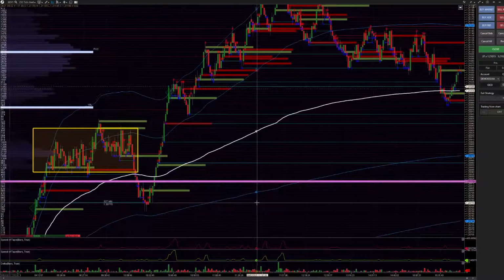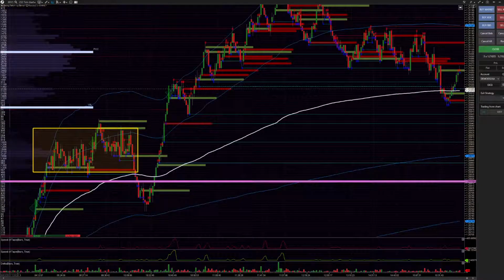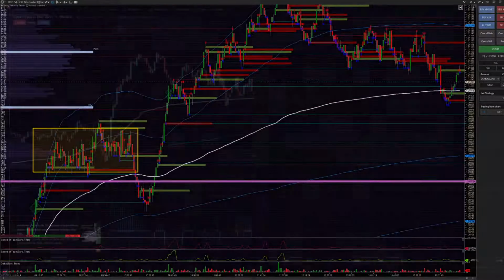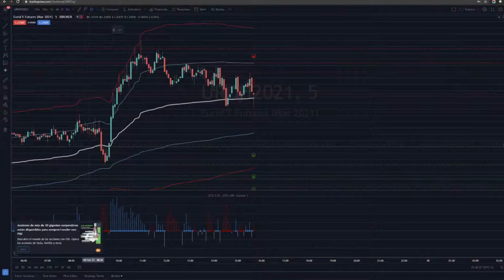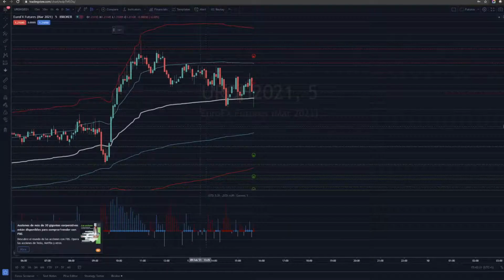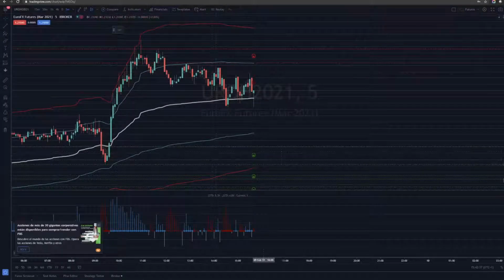Okay, so we can compare again with the TradingView chart. You can see that it is right here on the beginning of this up movement. All right. And what we want to do is to know exactly what's going on in this area, to try to confirm that this is a valid buying zone.